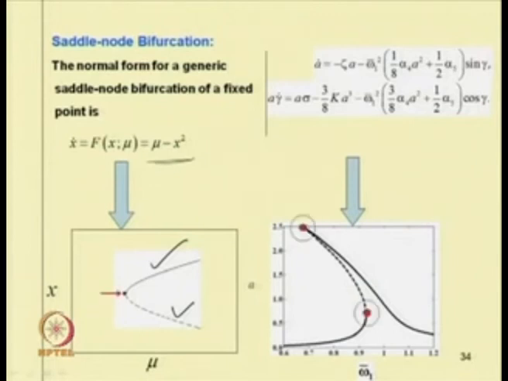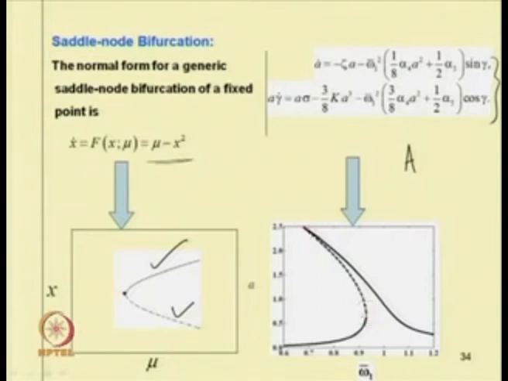Similarly, one can consider two equations also. We have a second order equation, or we can reduce that to a set of two first order equations. For two first order equations, by finding the eigenvalue, first one can find the Jacobian matrix A, and then the Jacobian matrix corresponding to this point.